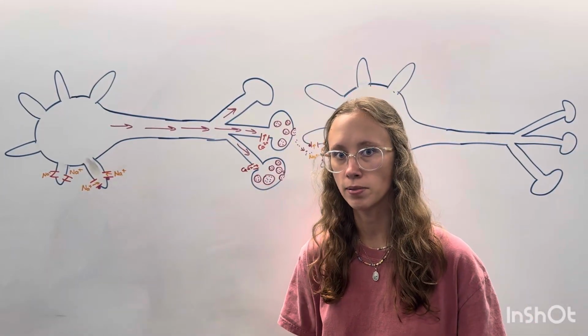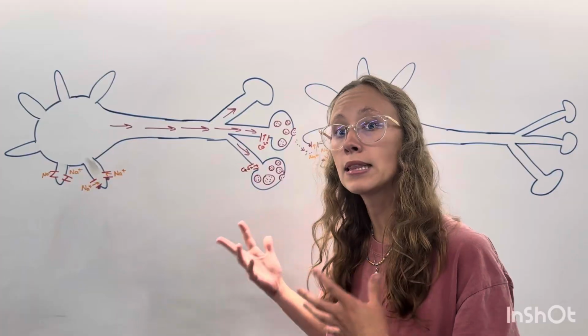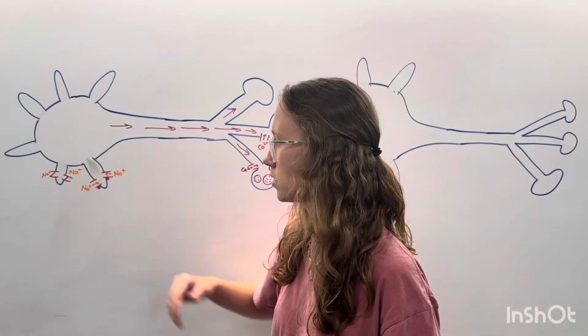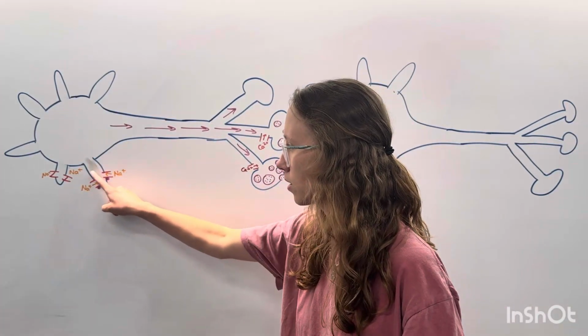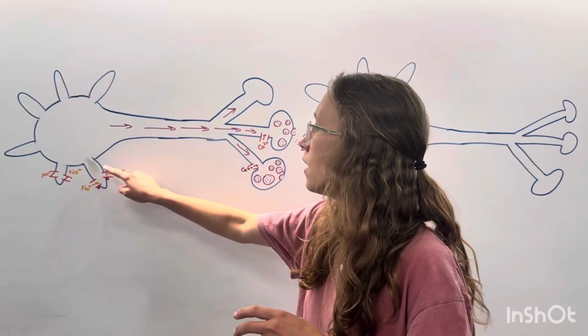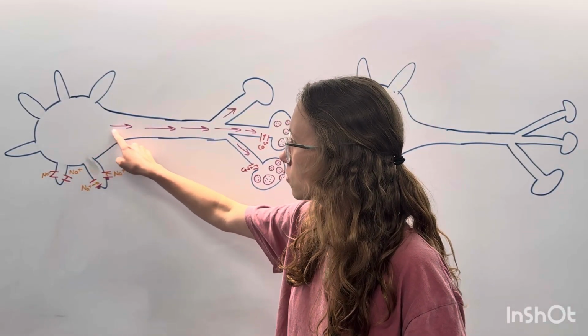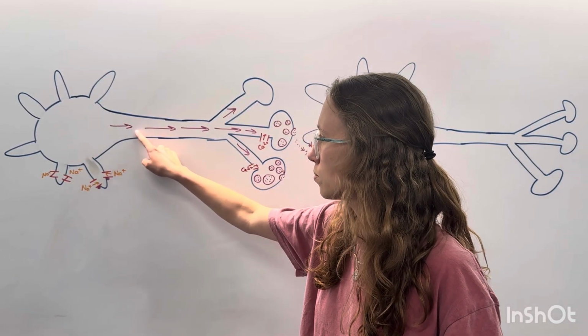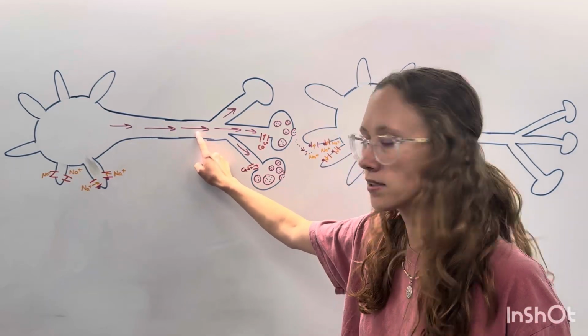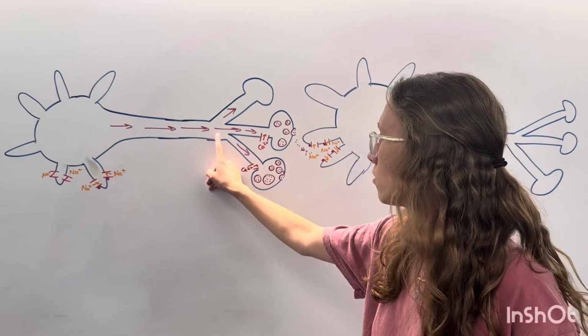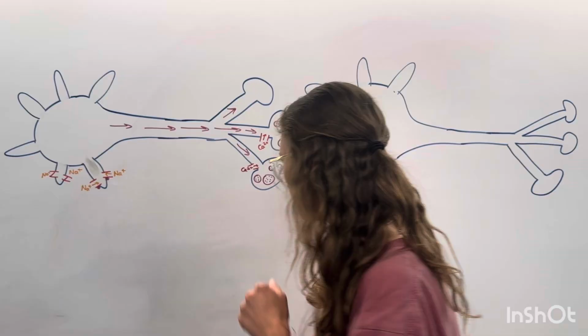Remember back to that graded potential, which when it leads to an action potential, it's going to cause the depolarization of a cell, causing it to become more positively charged. If that stimulus is strong enough, it's going to reach that axon hillock, and the action potential is going to carry along the axon of the neuron and down to the axon terminals.